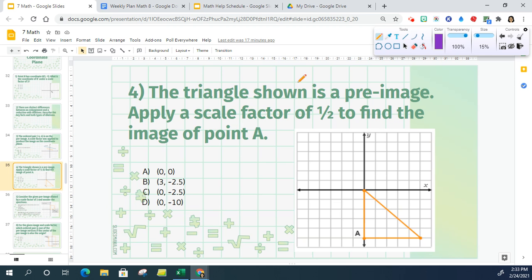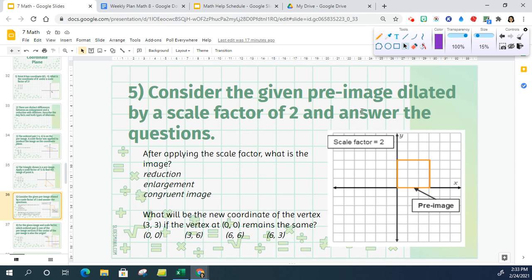Okay, let's keep going. Number 5 says, consider the given pre-image dilated by a scale factor of 2 and answer the questions. If we do a scale factor of 2, is that a reduction, an enlargement, or a congruent image? That's an enlargement. Anything greater than 1 is an enlargement. Then it says, what will the new coordinate of the vertex 3, 3 be if the vertex at 0, 0 remains the same?